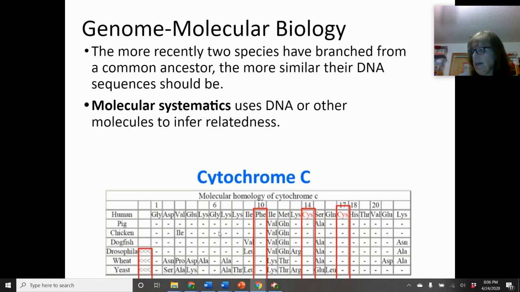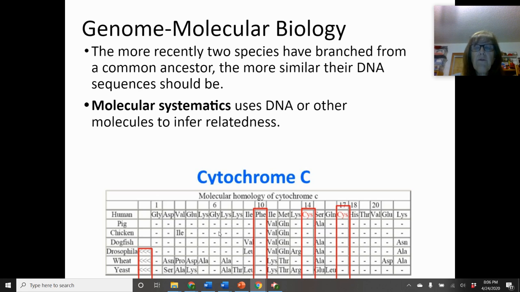When we look at the genome and the molecular biology of organisms, the more recently two species have branched from a common ancestor, the more similar their DNA sequences are going to be. And we can use molecular systematics. In other words, we can use DNA or other molecules to infer the relatedness of one species to another, okay?